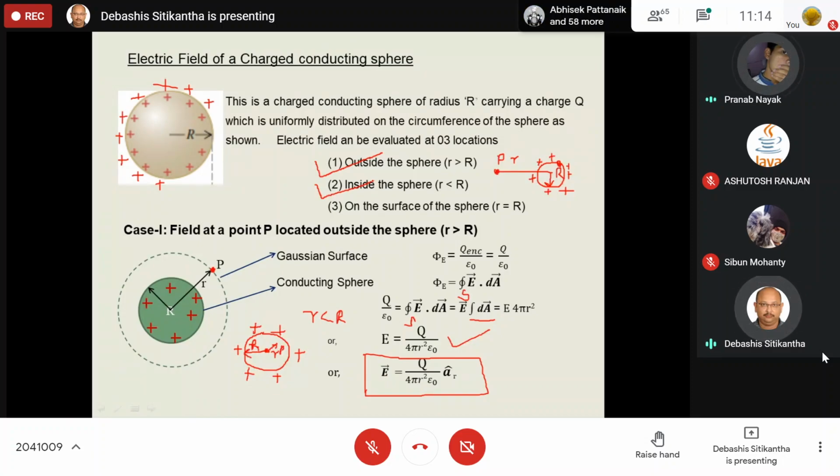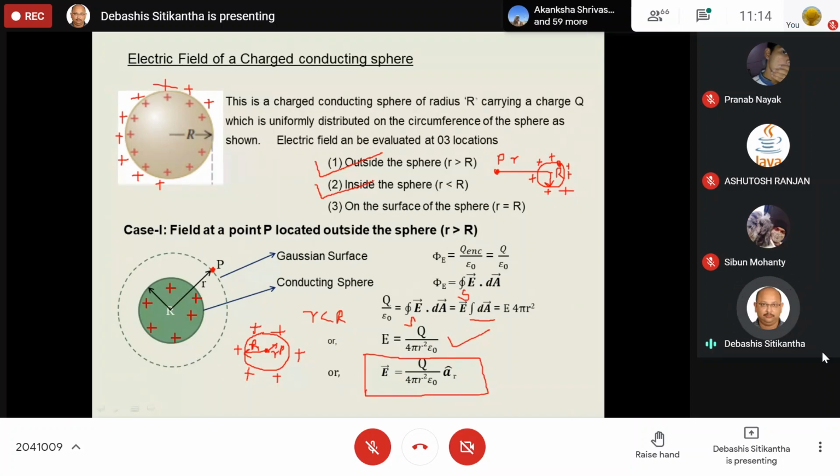Yes, that's correct, the answer is zero. What is your name? Pranav. Pranav, you are also absolutely correct. The answer is going to be zero. Now, is there anyone who can't understand why the answer is zero? Please let me know.